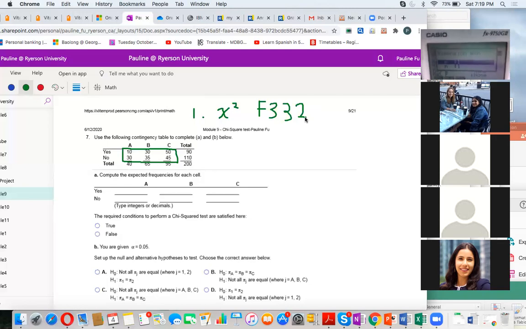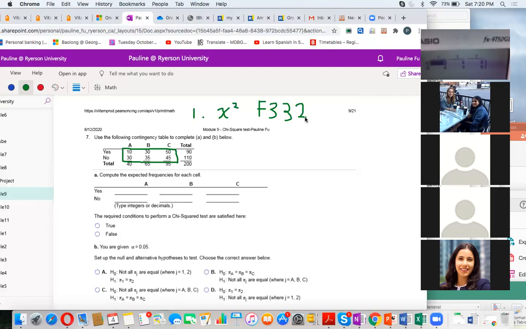M is the row, N is the column. So here M equals 2, N equals 3. We have 2 rows, 3 columns, and then you press EXE. See, you have a 2 row, 3 column matrix.